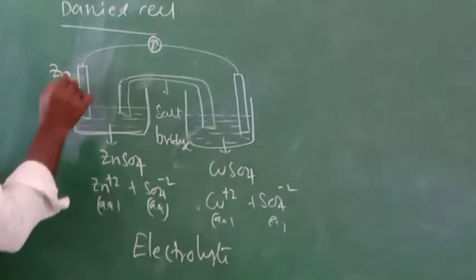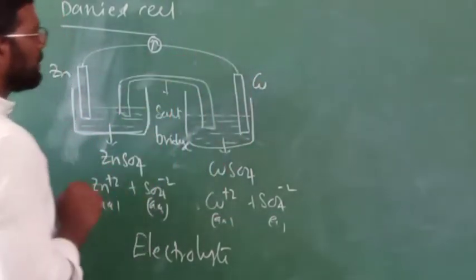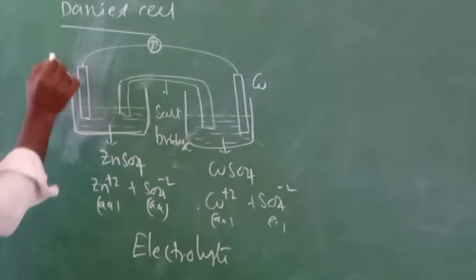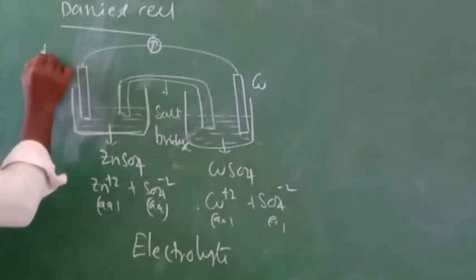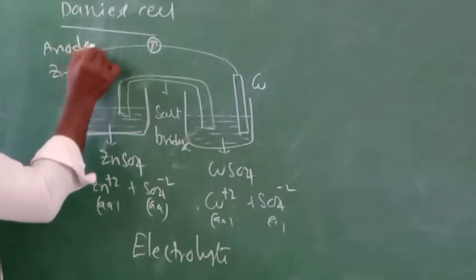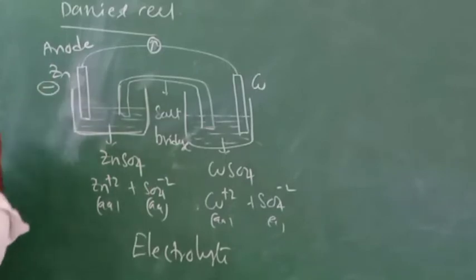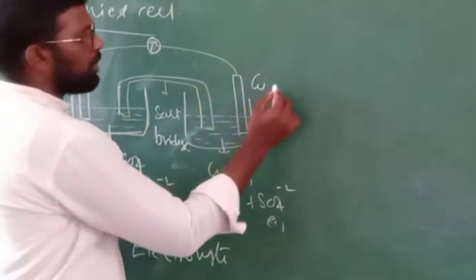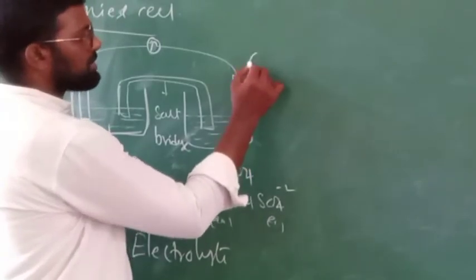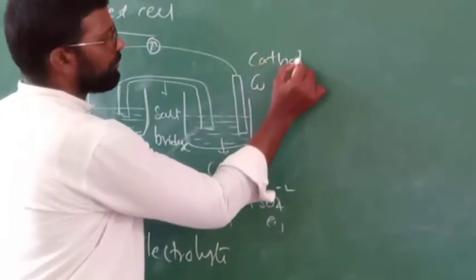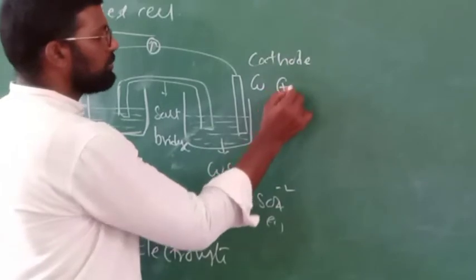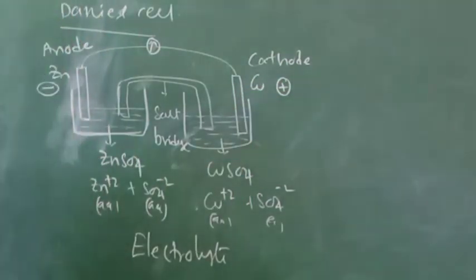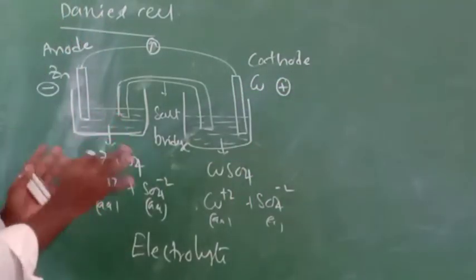Now this is the zinc rod, this one is the copper rod. Here the zinc rod acts as anode. It is given a negative symbol, and the copper rod acts as cathode. It is given a positive symbol. So this is the overall construction.